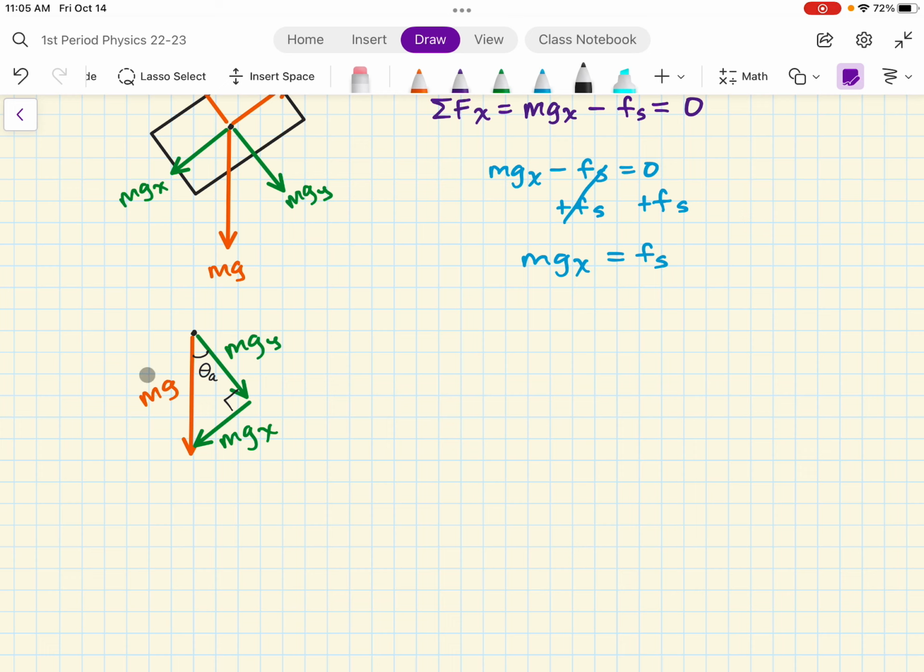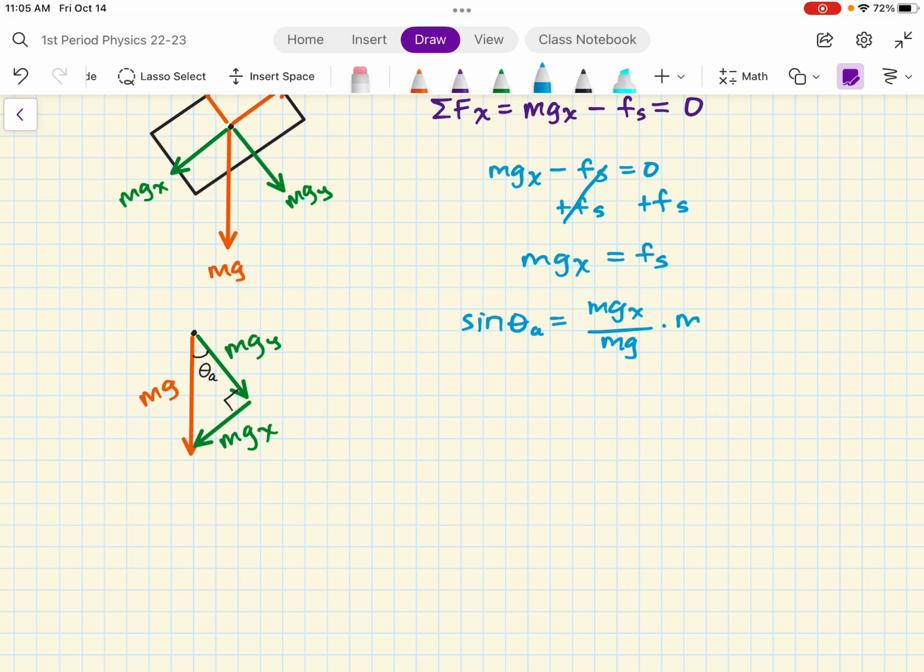I know how to find the weight because I know the mass and the acceleration due to gravity. That means I have the hypotenuse and the opposite. Using SOHCAHTOA, I can use sine. So sine of theta A is equal to the opposite, in this case mgx, divided by mg, because that's the hypotenuse.